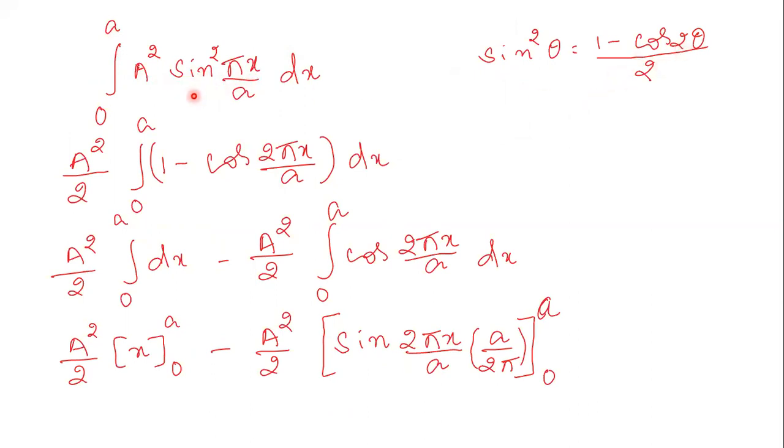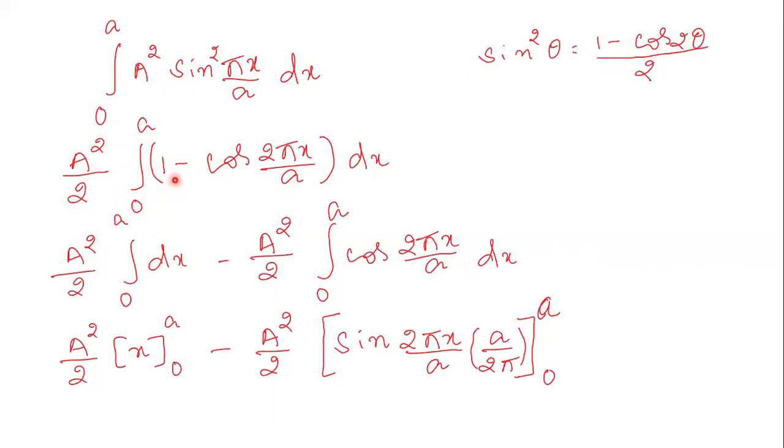As we have sine square pi x by a, it can be written as 1 minus cos 2 pi x by a, over 2. That 2 is written here, and A square is taken outside of the integration as it is a constant.